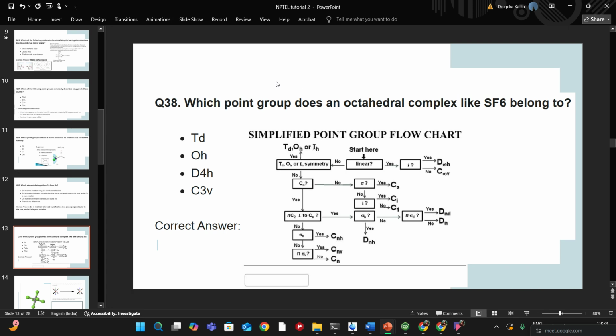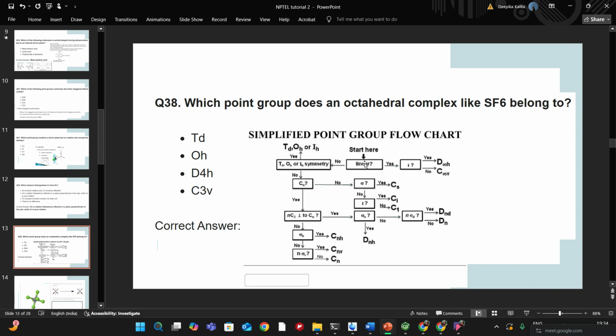Then we have the molecule SF6. Which point group does an octahedral complex like SF6 belong to? So, the SF6 molecule has an octahedral geometry. If we go through the point group flow chart, you can see: is SF6 linear?